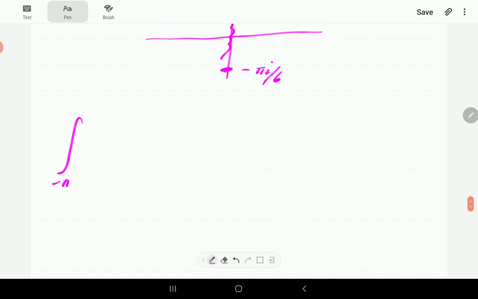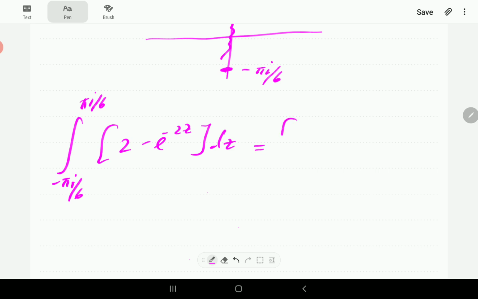So we just evaluate this integral like our real integrals: 2 minus e to the minus 2z dz. We're just going to say, well, the integral of 2 with respect to z is going to be 2z, and the integral of this one is going to be plus 1/2 e to the minus 2z.